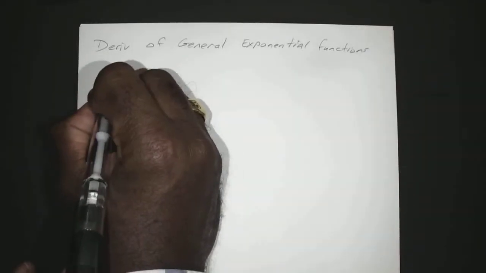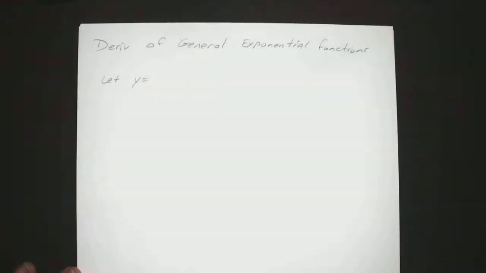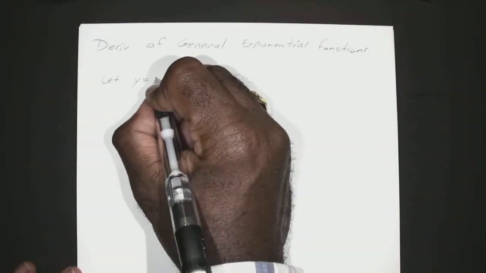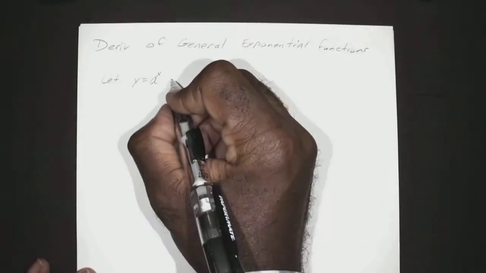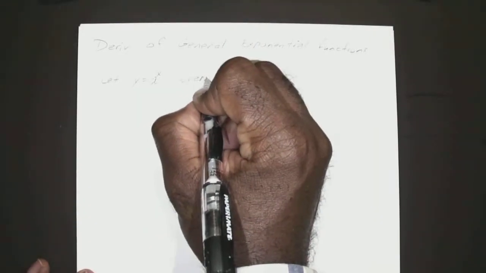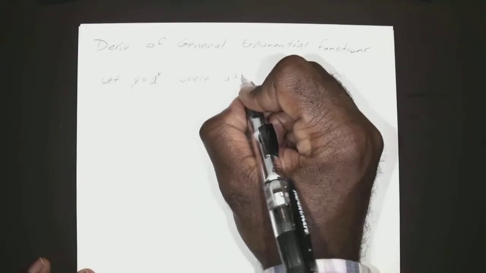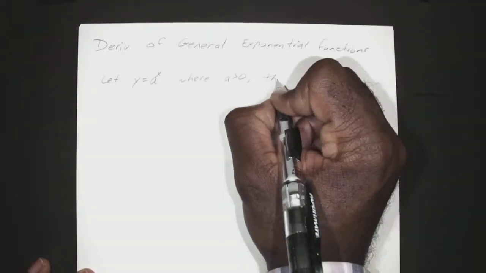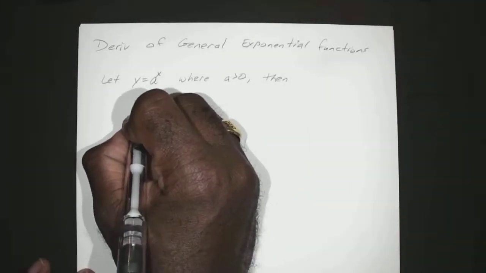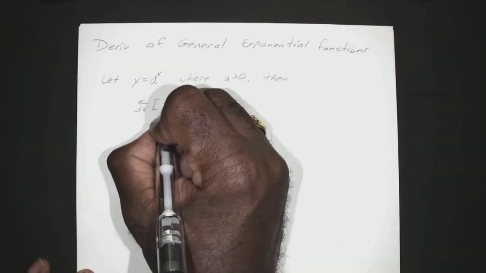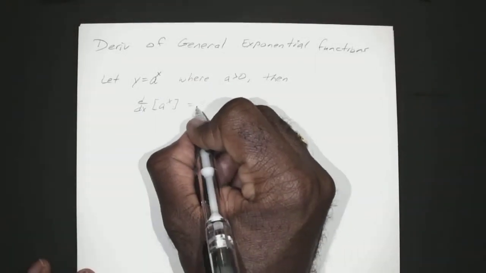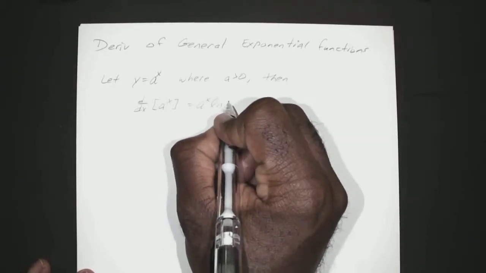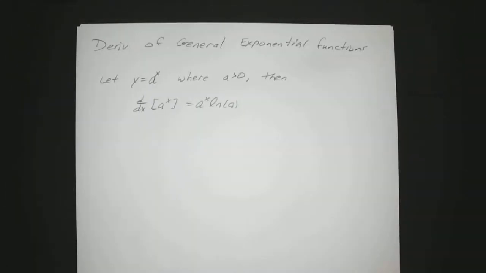Okay, so what if we let y equals, instead of e to the x, some a to the power of x, where a is some positive number. The derivative of any number to the power of x is just a to the x times natural log of whatever that base happens to be.